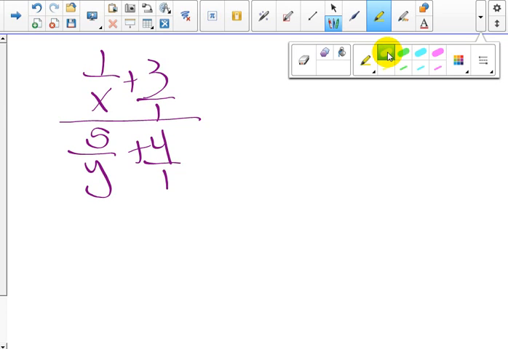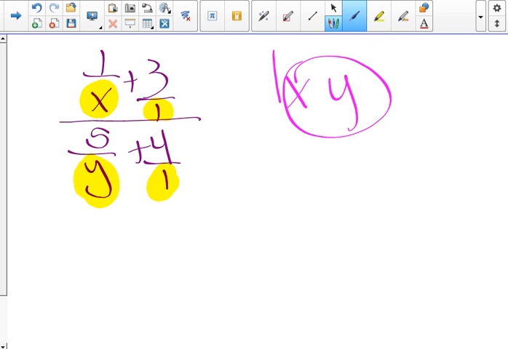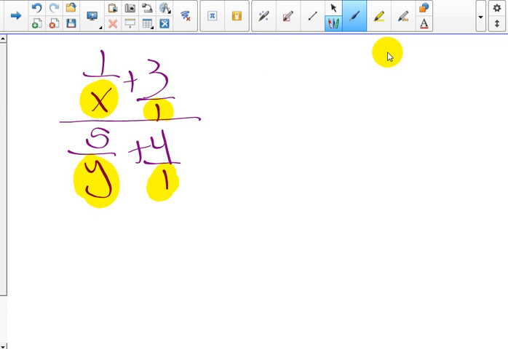So what do we have? An x, a 1, a y, and a 1. Now let's write those: x, y, and we only write them once each, and 1. So again, we've just got xy. See that? So now multiply both numerators and denominators by that xy.